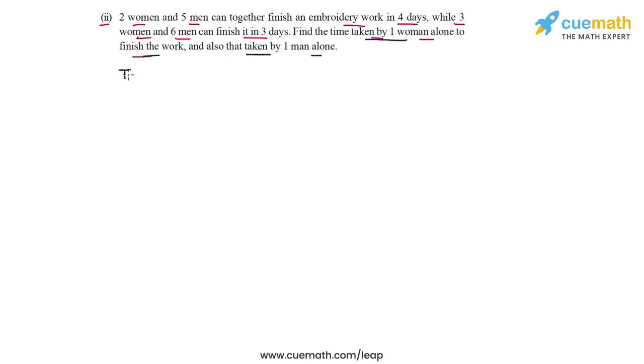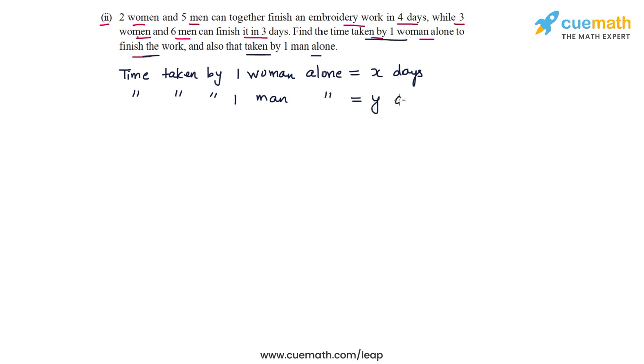Let's say that the time taken by one woman alone to finish the piece of work is x days, and let's assume that the time taken by 1 man alone to finish the piece of work is y days. So the two unknowns are x and y, and these are what we have to find.